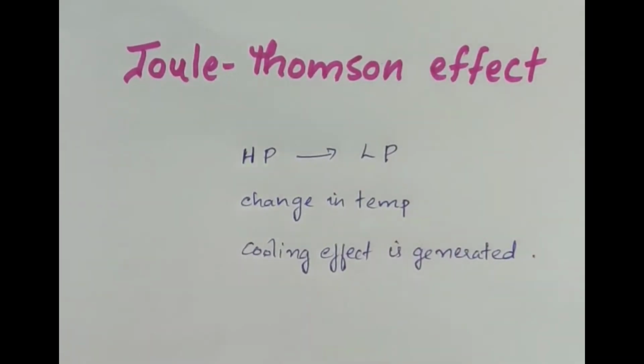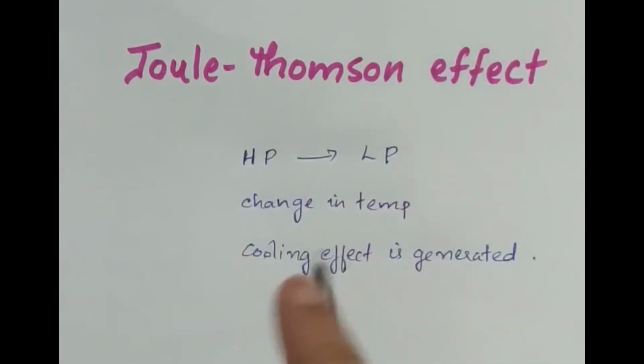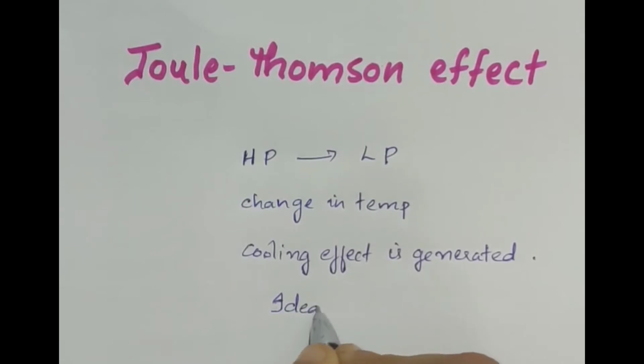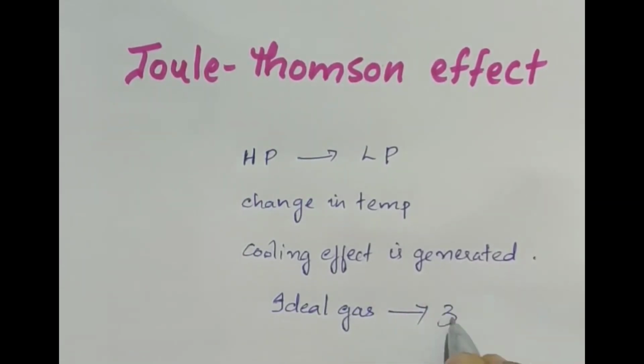And then what is happening to the ideal gas and real gas? When an ideal gas is expanded, there is no change in temperature. Hence, we can say that the Joule-Thomson effect is zero for an ideal gas.